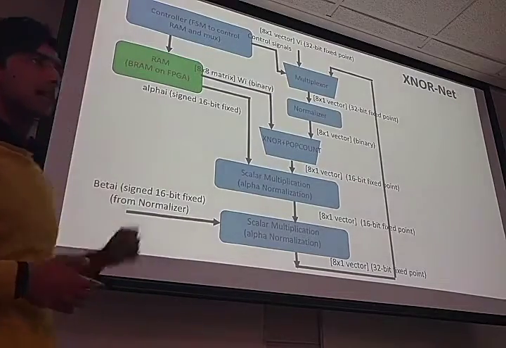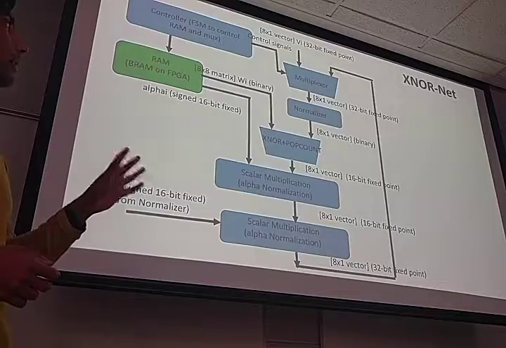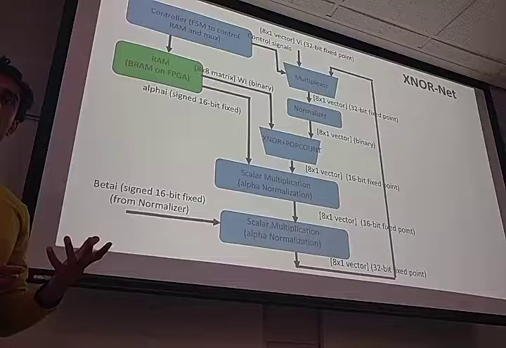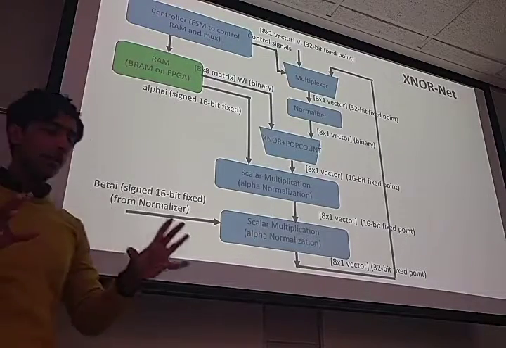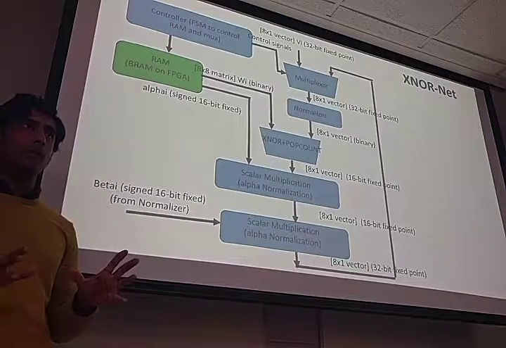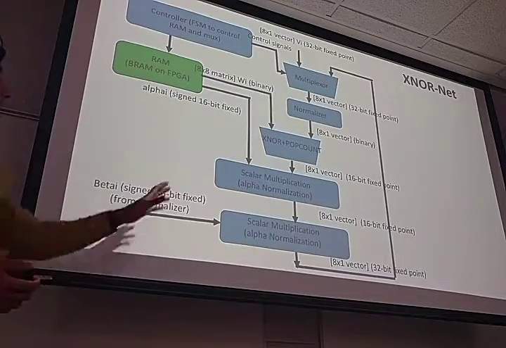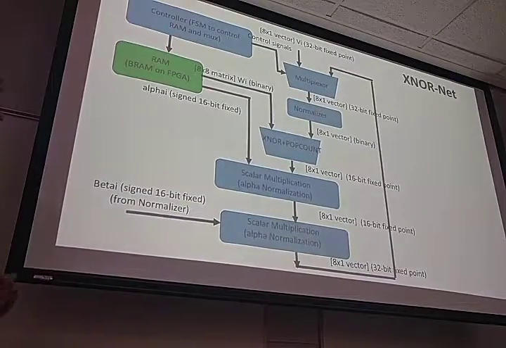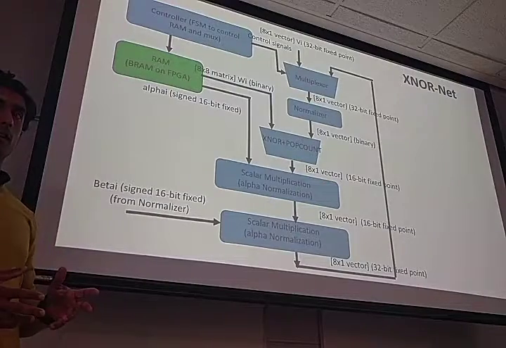The alpha value is a scalar, a fixed-point scalar in our case, and the vector is binary. The third thing is the matrix, which is also binary. Then you do matrix-vector multiplication using XNOR and popcount, and we'll go into how you accomplish that next. The result you get is a vector, which you then multiply with the alpha scalar value.